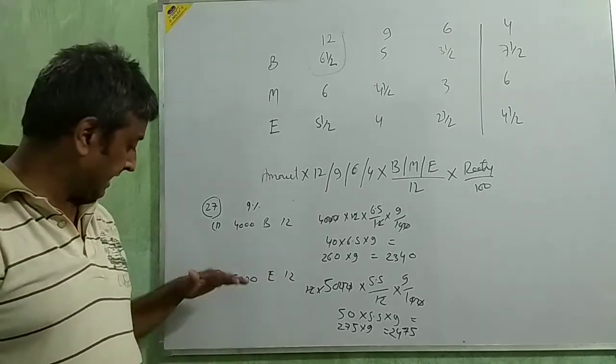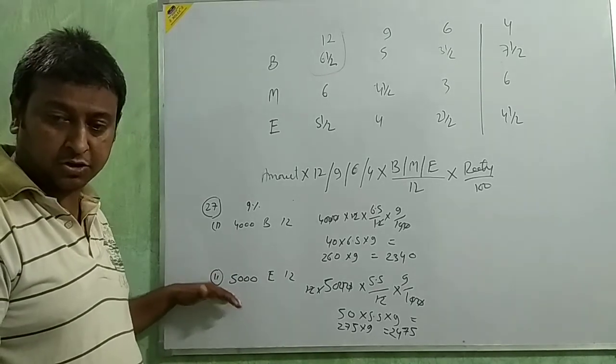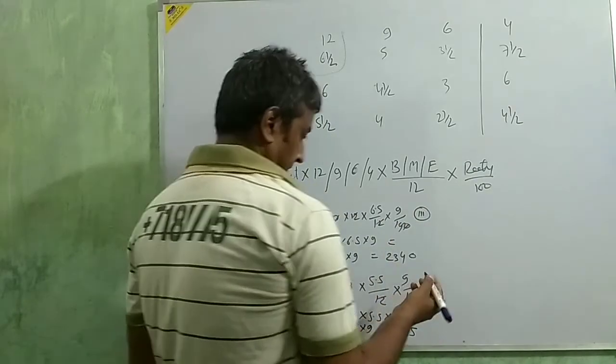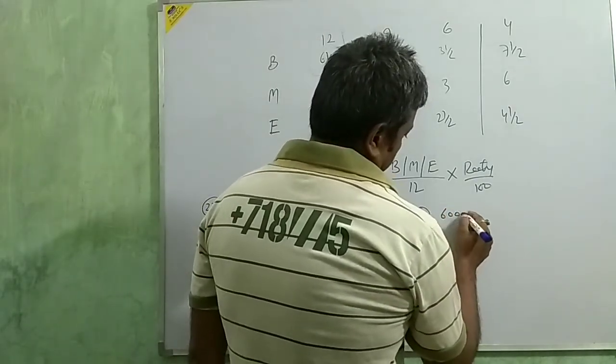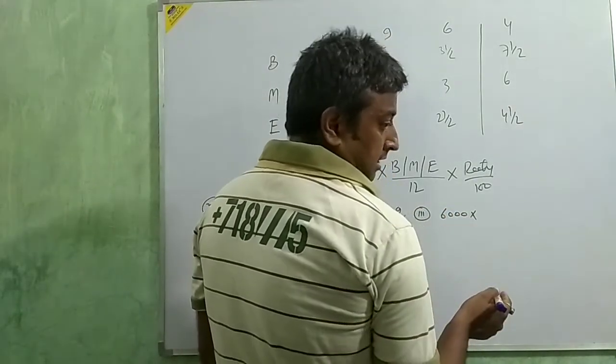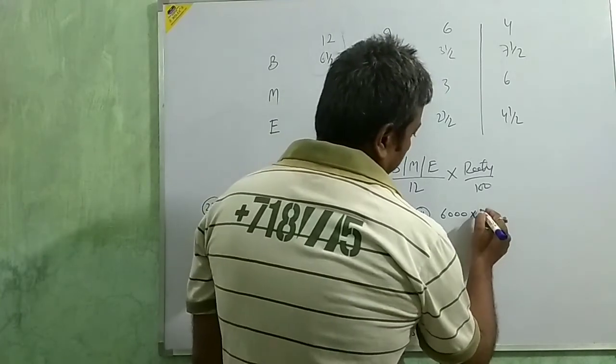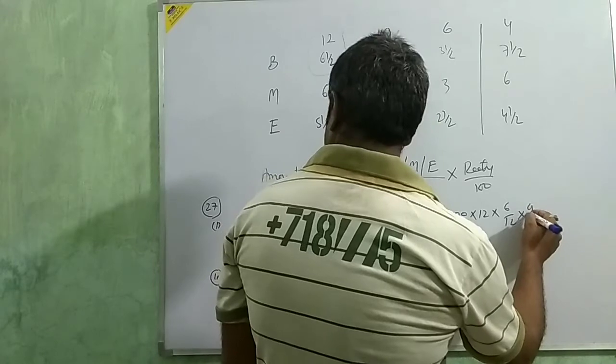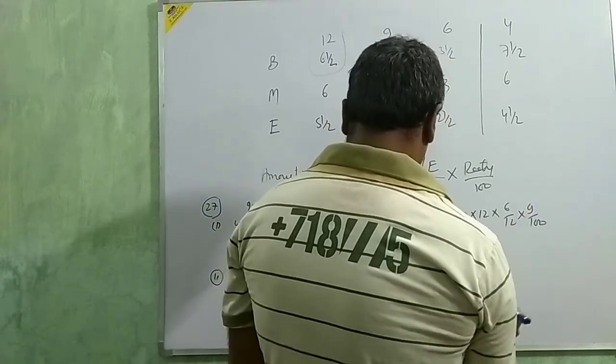This way, is there any more question? Okay, tell the third case: if he withdrew 6,000 per month, only this. Nothing else mentioned means mid, into 12. Mid is 6 upon 12 into rate 9 upon 100.